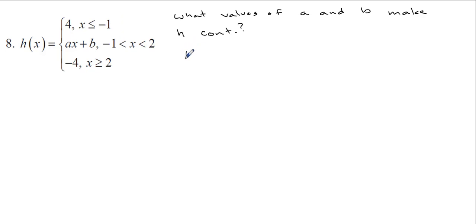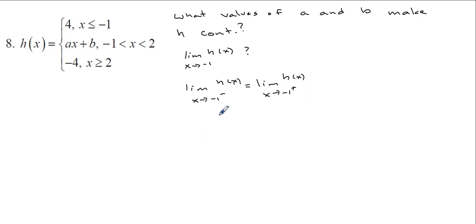What's the limit as x goes to -1 of h of x? We have to show that the limit as x goes to -1 from the left equals the limit as x goes to -1 from the right.